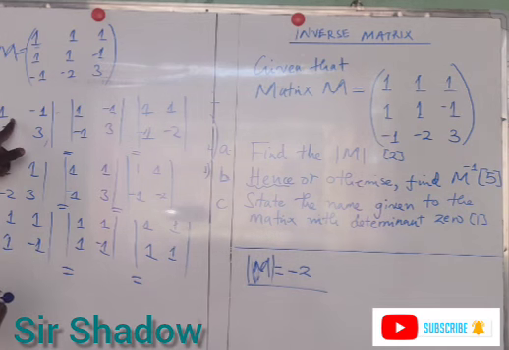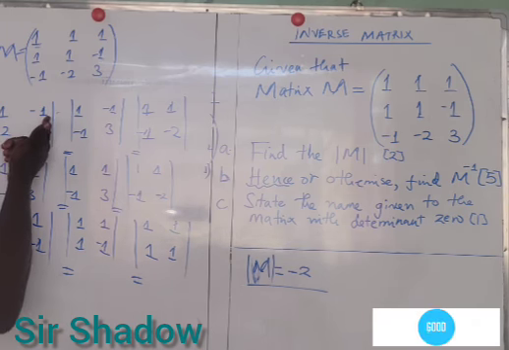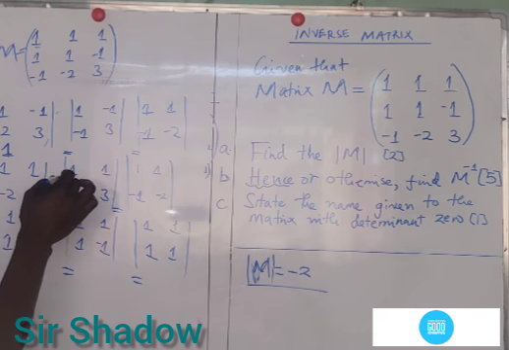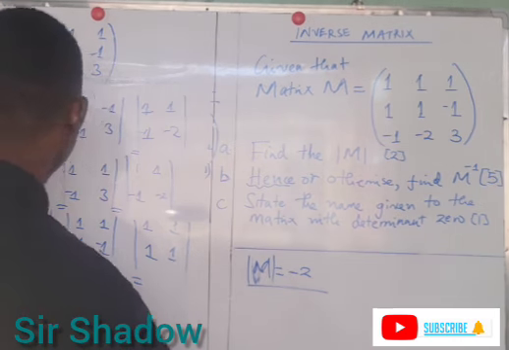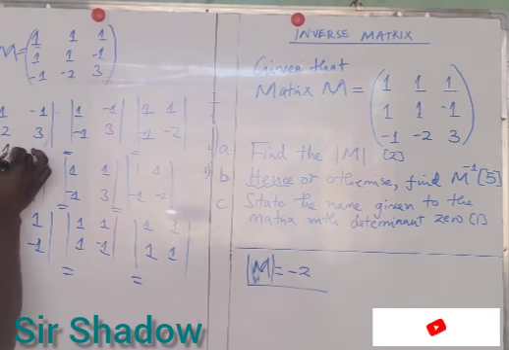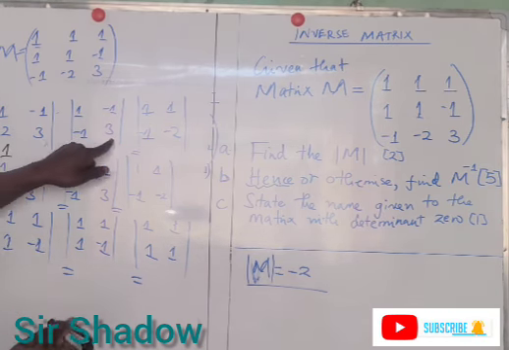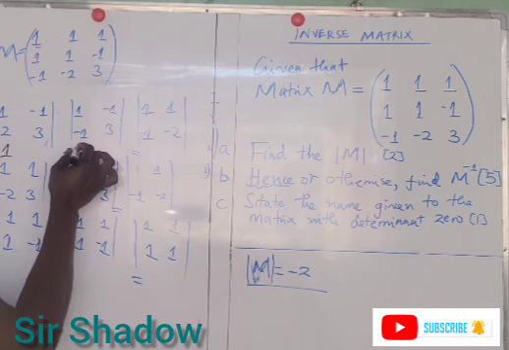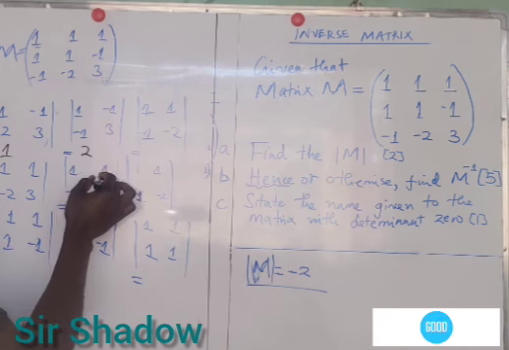Let me use a black marker so that our solutions will be visible. 1 by 3 simply means 3, subtracting negative 2 times negative 1, so 3 minus 2 is 1. Next, 3 subtracting a 1 is 2.